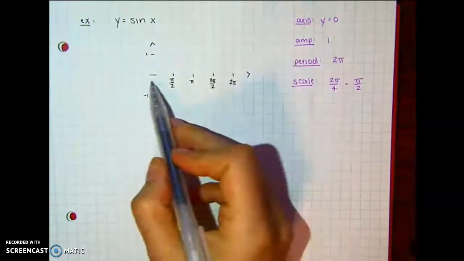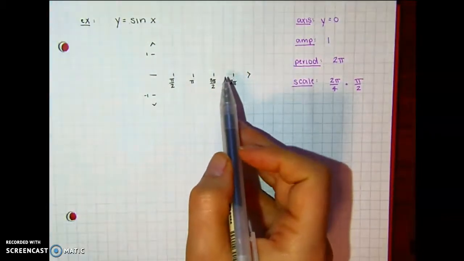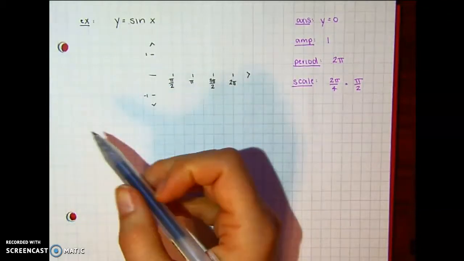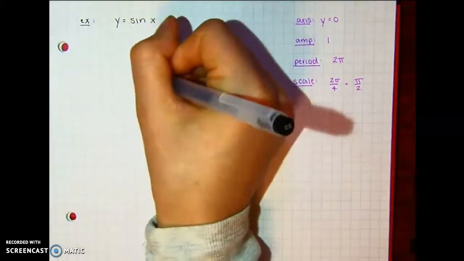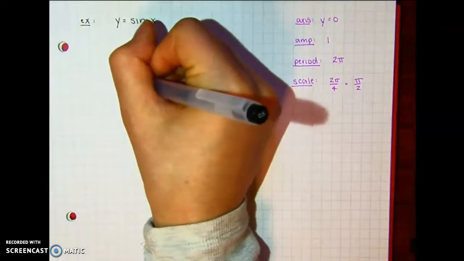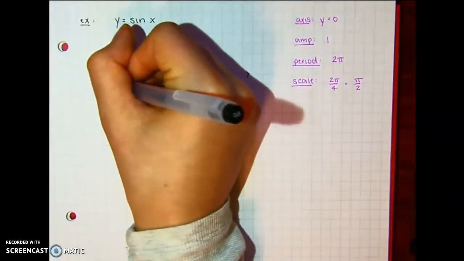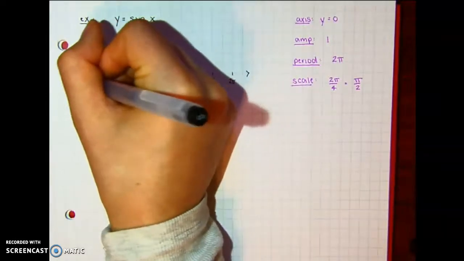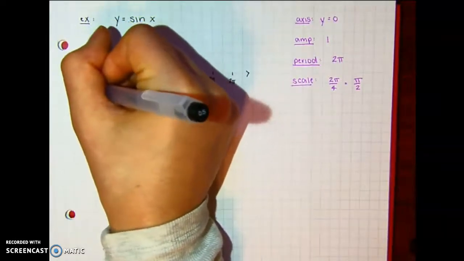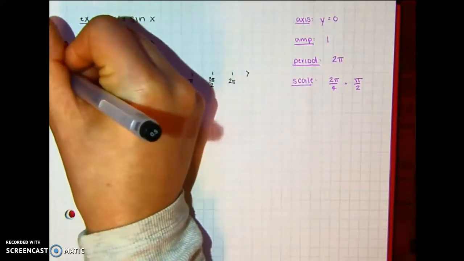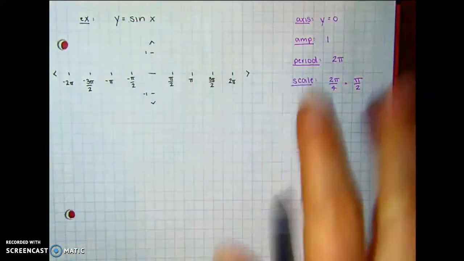And so that'll be one cycle, one period. And then I'm going to have us graph a second period with negative values. So negative pi over 2, negative pi, negative 3 pi over 2, negative 2 pi.